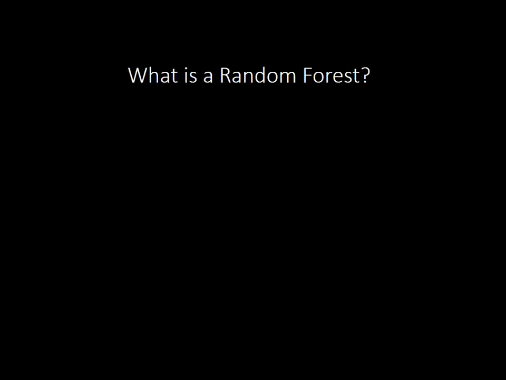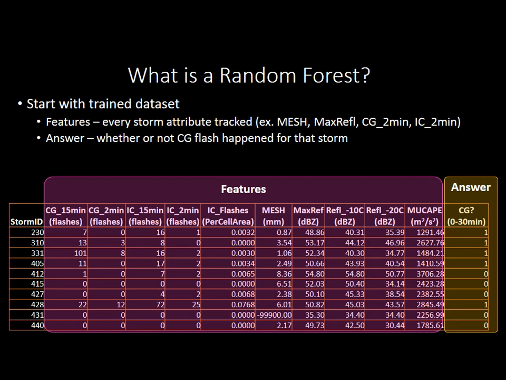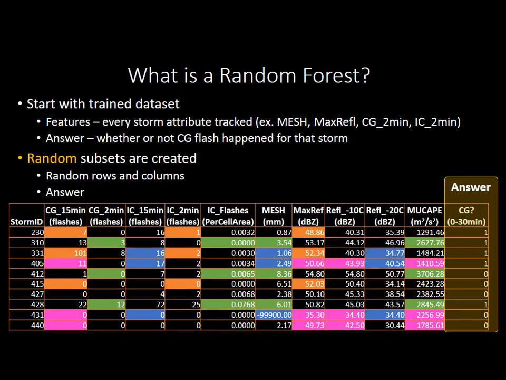So now we can get into what is a random forest. We start with a trained data set where we have all of our features and then the answer. Then random subsets are created. This is where the random comes from. Random rows and columns are selected to create these subsets, and those subsets also contain the answer. In this case, each color represents a different subset.